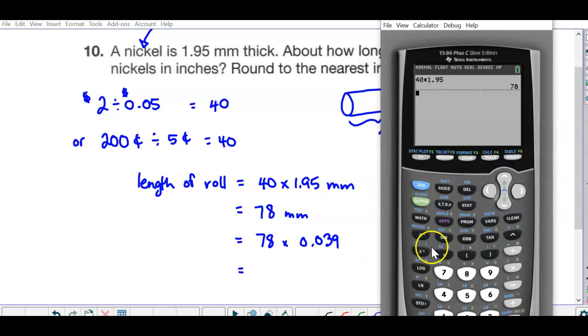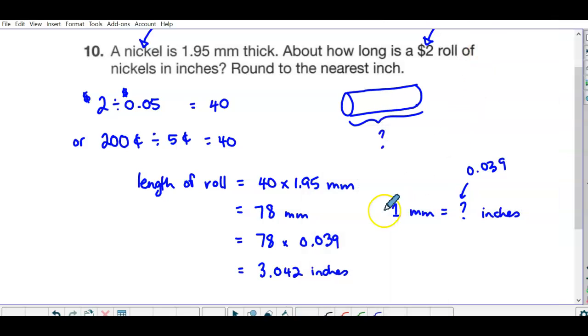If I already have that in my calculator, I can just press times 0.039. That's 3.042 inches. Then it says round to the nearest inch, so that is 3 inches. So that's just one of the practice questions that I decided to show you. So that's it.